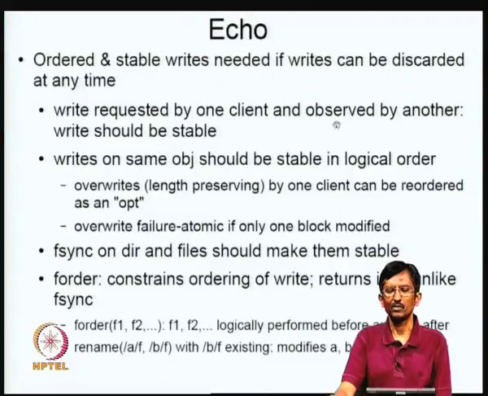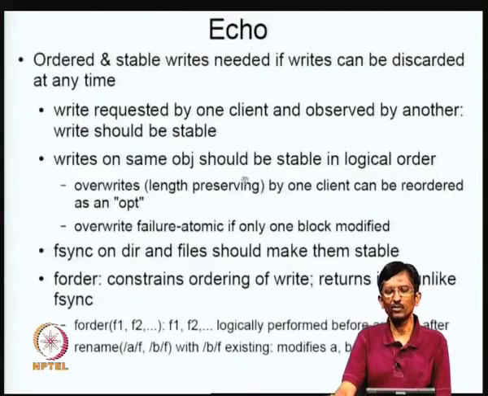The minute I request a write to be done and it has been seen by somebody else, I can't just leave it in memory and, if there is a power failure, drop it, because it has been observed by somebody else. This party who is not me has actually seen it. Therefore, it should definitely be stable, so that if somebody else looks for it, it is also available. So this is one critical thing.